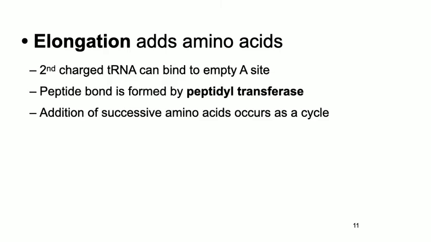So a second charged tRNA will come, bind in the empty A site, and a peptide bond, which is the covalent bond between two amino acids, is formed by the enzyme peptidyl transferase, which is an enzyme that's a part of the body of the ribosome. And then addition of successive amino acids occurs in the same way.